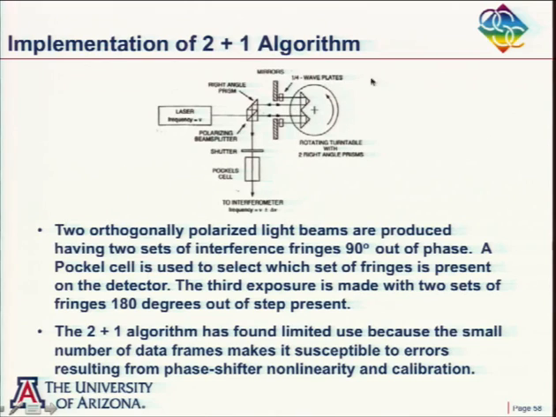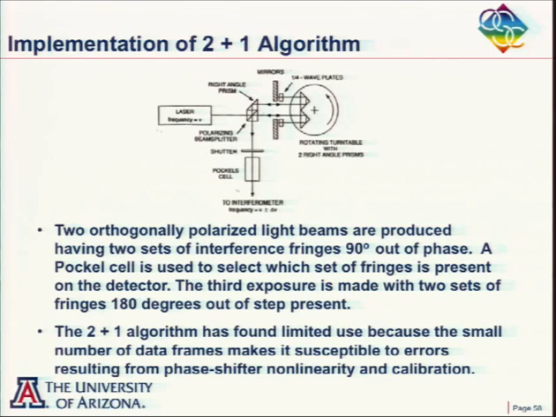Then, at his leisure, he will double the speed of this turntable, and so he'll get not a 90-degree phase shift between the two, but a 180-degree phase shift. And with his Pockel cell, he will allow both polarizations to go through. So he has two frequencies that are going to produce a 180-degree phase shift. They're present at the same time. And so now he's getting his third exposure with the two sets of fringes 180 degrees out of step.